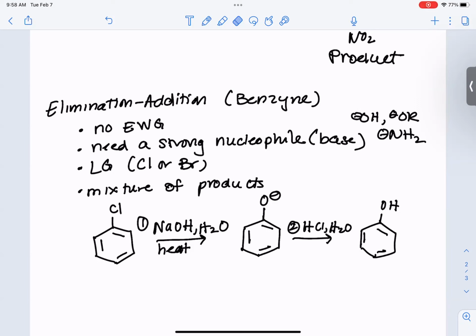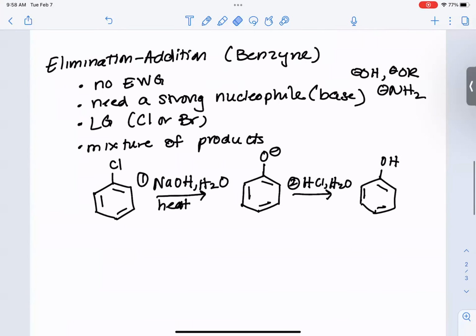So here, again, the first step is elimination. And this one, there is only one product just because you have the one chlorine, but I'll show you what happens when you have substituents on the ring. Okay, after we go through this basic mechanism.